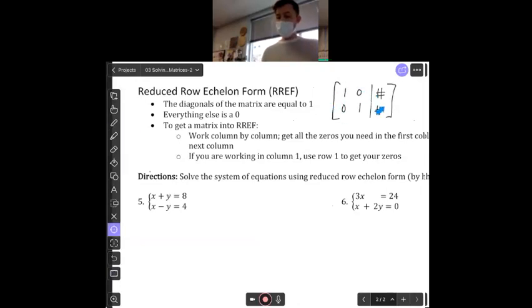These numbers over here will just follow along with whatever we do, and we don't control them. So what reduced row echelon form looks like for any size matrix is a diagonal of ones, and then everything else is a zero. No matter what size the matrix is, it's always a diagonal of ones, everything else is zero.